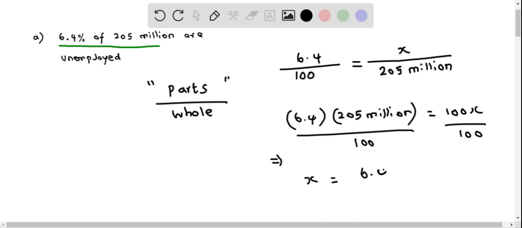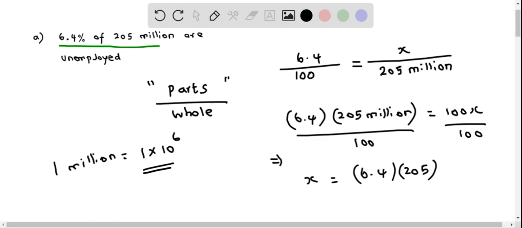6.4 times 205 million. I'm going to write down 1 million as 1 times 10 power 6, so you can write it like this in exponent form, and this is divided by 100.